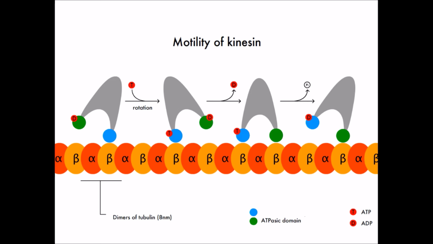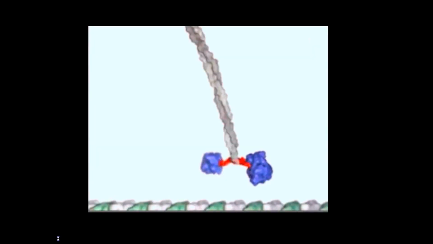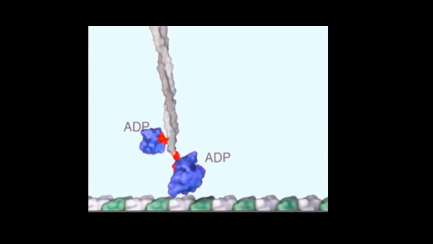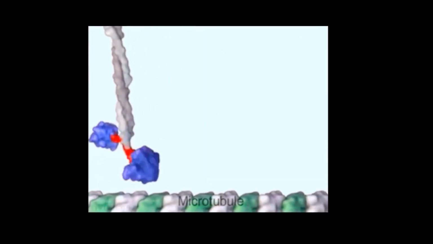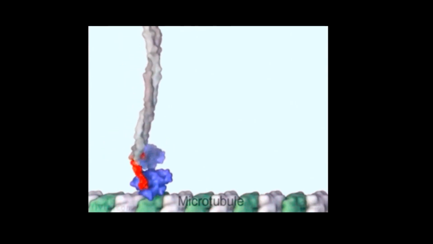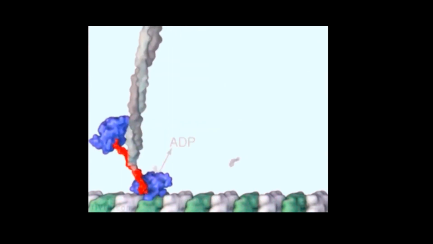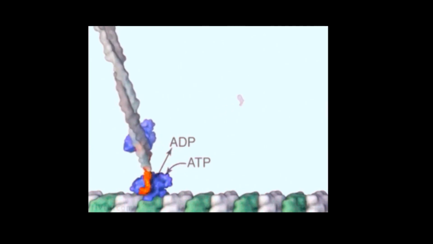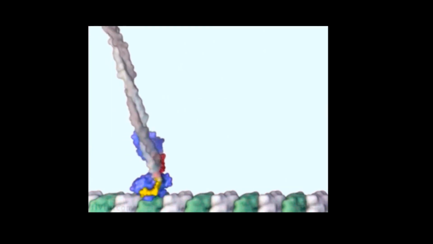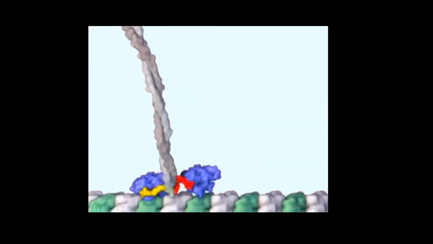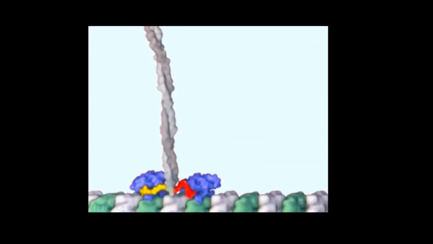So let me look really fast, do this in motion, and see if that makes more sense. This head has ADP on it. It binds to one of the beta tubulins. Then the ADP is going to be replaced by an ATP, which allows it to unbind. But it's not going to unbind quite yet, because I'm going to show you that the other one also binds.